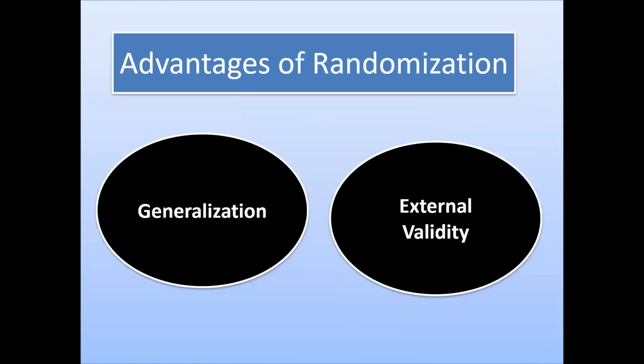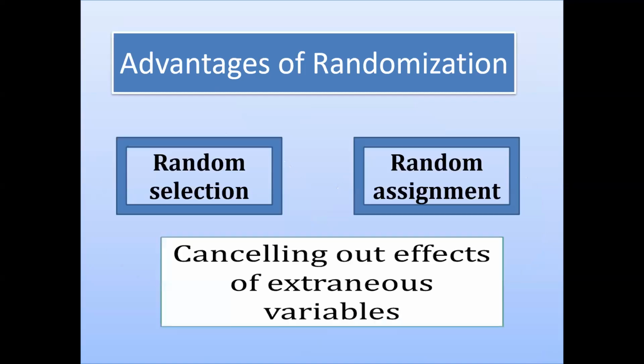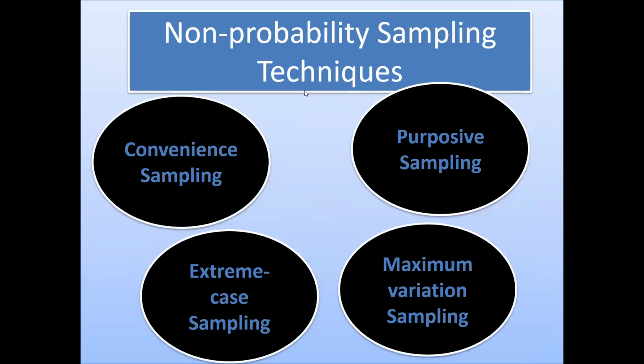The advantage of randomization is that we are able to draw generalizations, which increases external validity. You may randomize when selecting the participants or when assigning the participants into different groups, which helps to cancel out the effects of extraneous variables. We also discussed non-probability techniques: convenience, purposive, extreme case, etc.